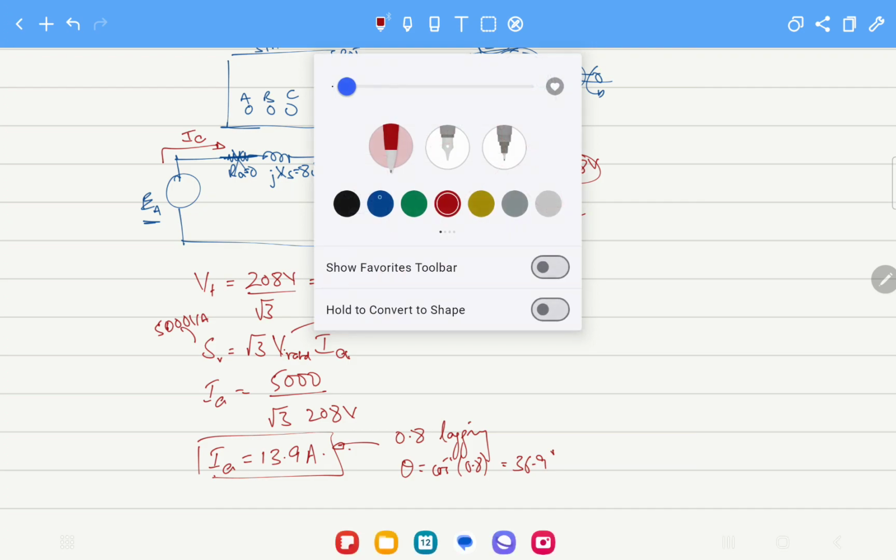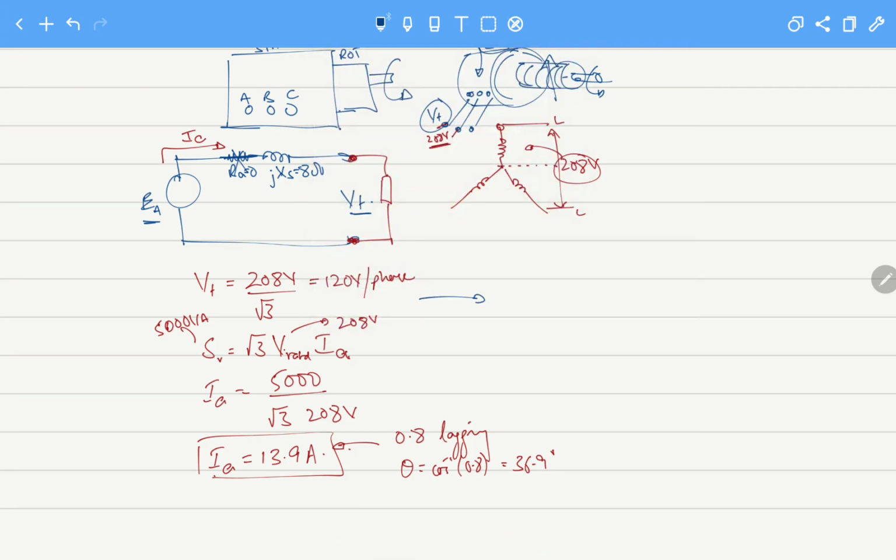So if we look at these two values, the terminal voltage is 120 volts at angle 0, then the armature current is IA equals 13.9 amperes at angle minus 36.9 degrees, as it is a lagging condition. So this is how we have calculated this.